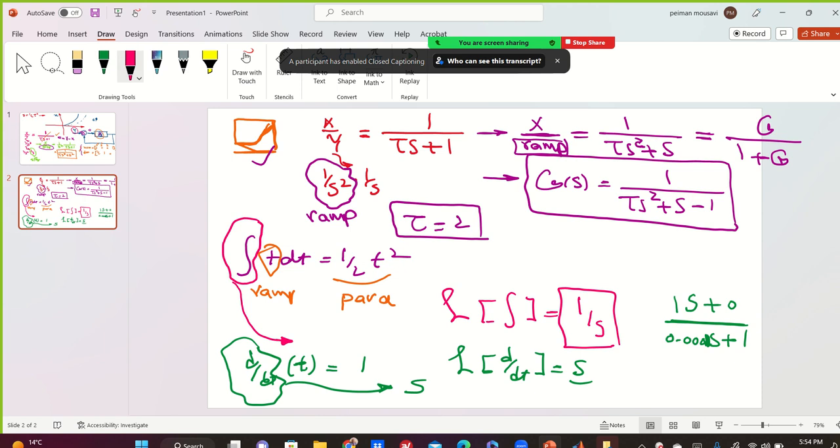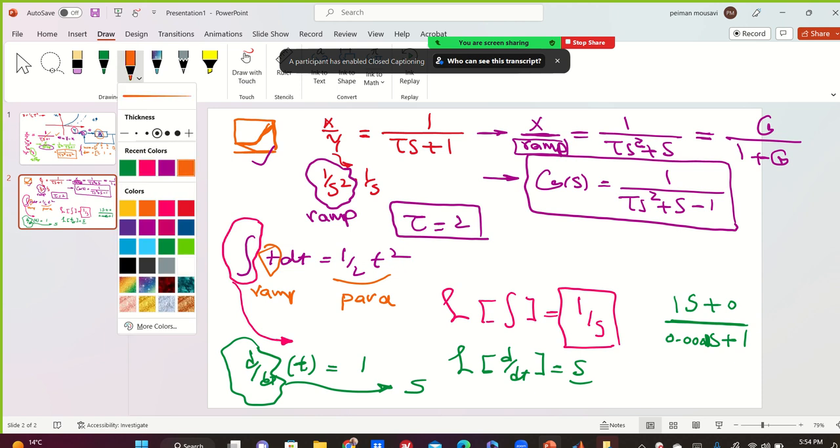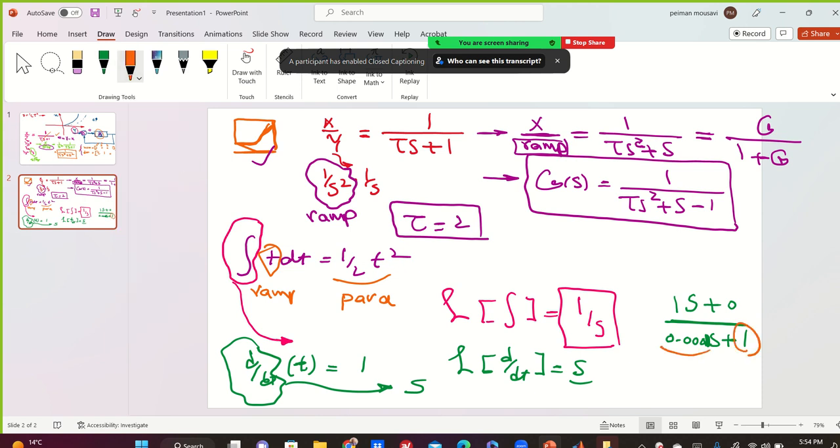Why am I saying that? Guys, look here. 1 is much higher than 0.0001, so this can be ignored compared to 1. So the result is 1s.